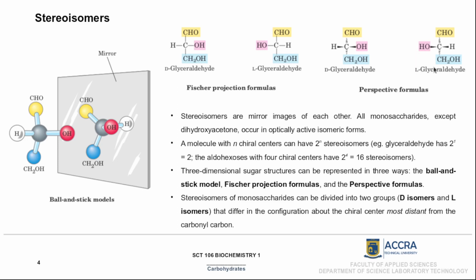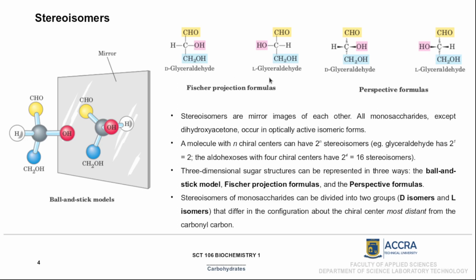And so for any monosaccharide to be grouped as a D isomer or an L isomer, once the structure of the molecule compared to glyceraldehyde gives you a similar configuration as D-glyceraldehyde, that isomer will be the D isomer.